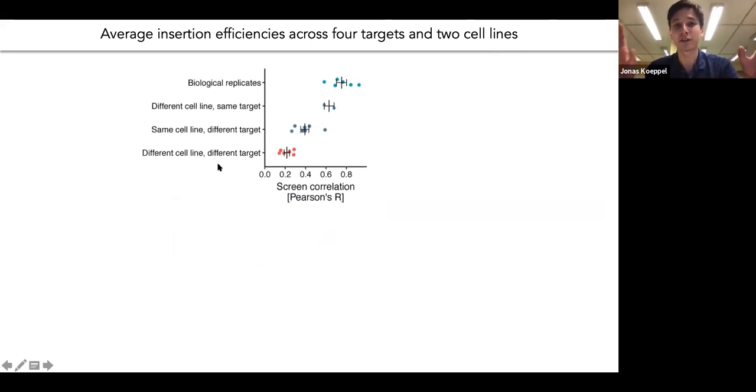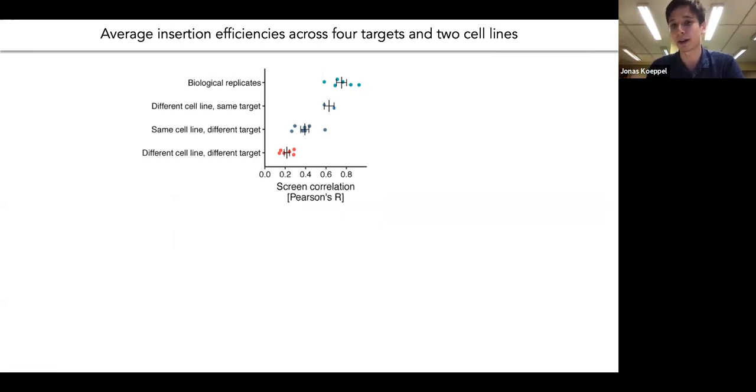Yes, so we were interested in how consistent the things we see are: if one sequence is inserted well in one target site, how often do we see it inserted well in another target site? So first we looked at biological replicates. So between the triplicates, you see that we get quite good correlations, which means that insertion efficiency is reproducible.